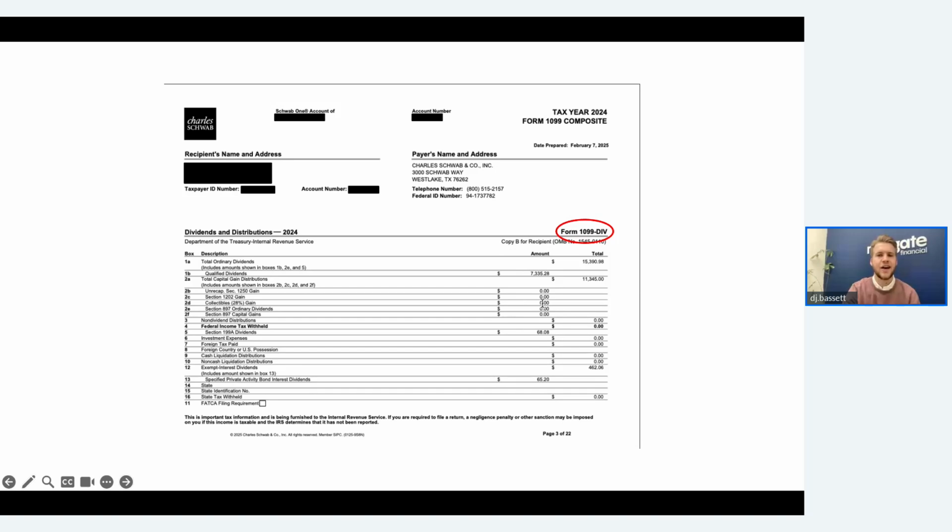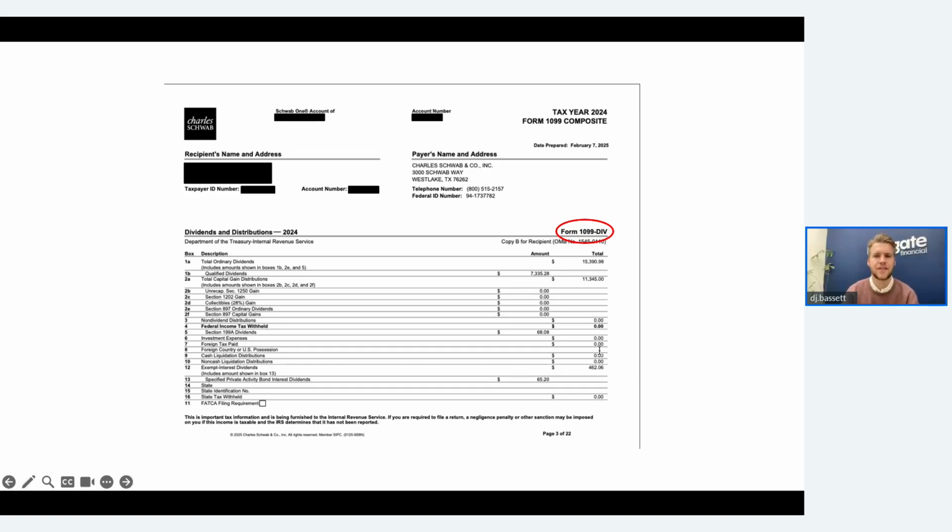So keep going down. You have box 2A here for total capital gains distributions. This just reports all the capital gains distributions from mutual funds or ETFs, ones that are taxed at long-term capital gains rates. Now, in this case, you'll see that 11,000 of the 15,000 for this individual was at that long-term, from a mutual fund or ETF.